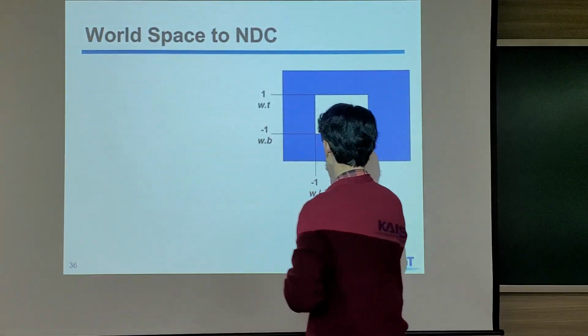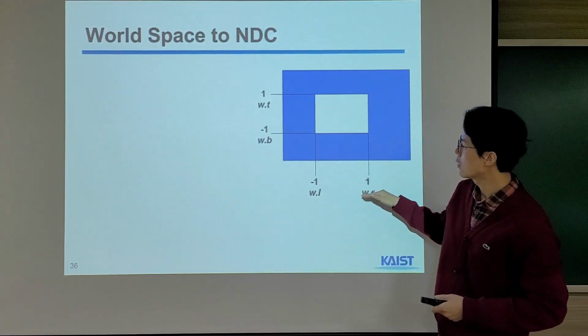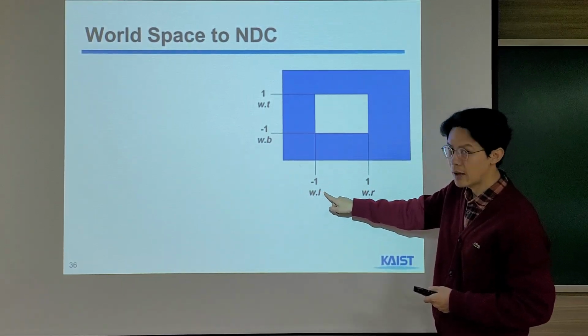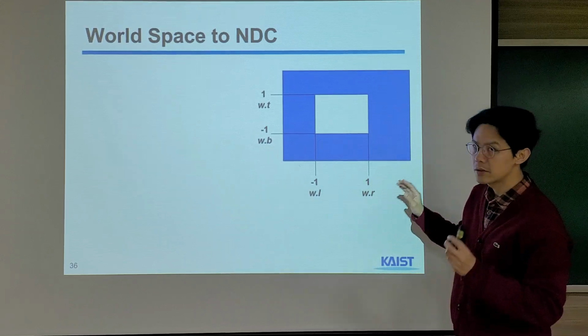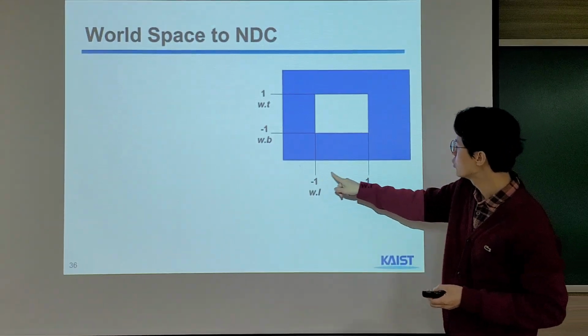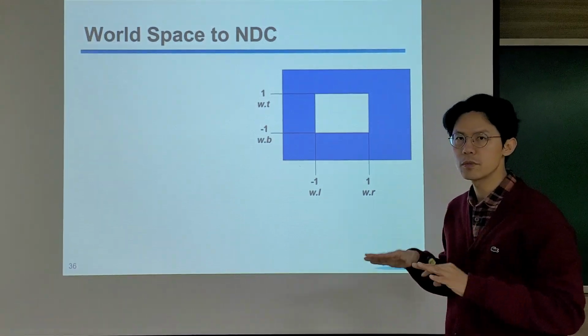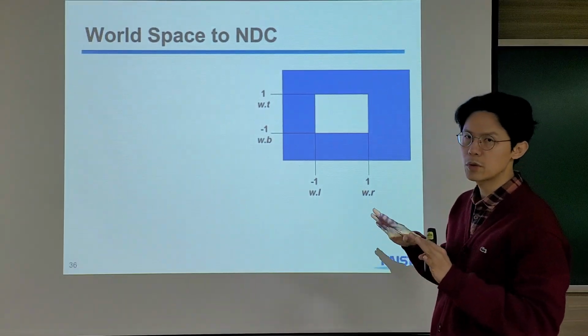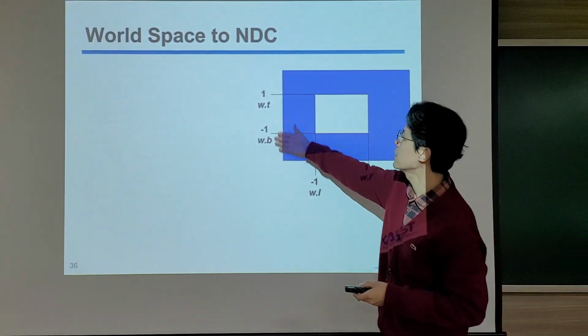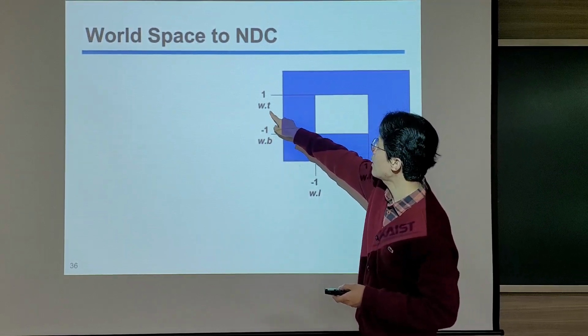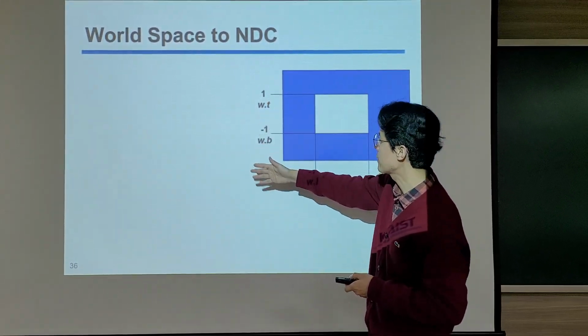Along the x-axis, this is the world's left and right, which should map to -1 to 1 in the NDC space. That's what we want to do. Same thing in the y-axis: bottom and top map to -1 to 1.